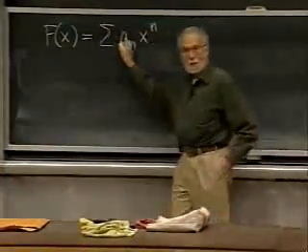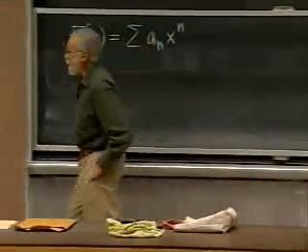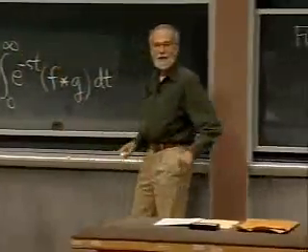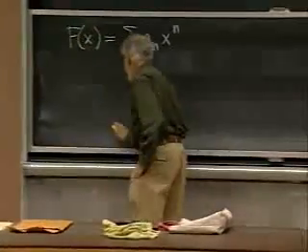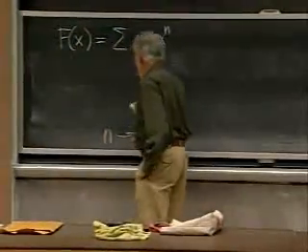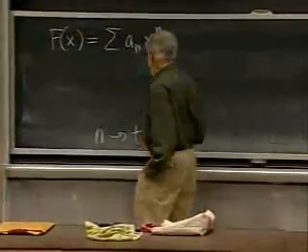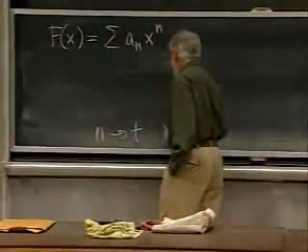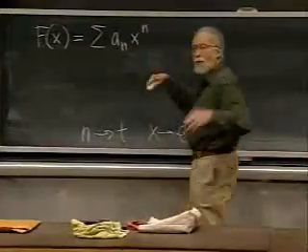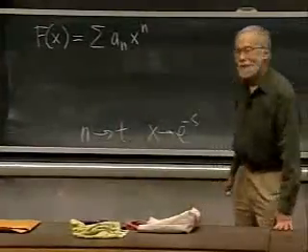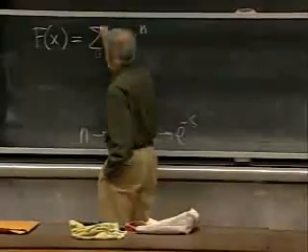Remember, you can write this in computer notation as a of n to make it look like f of t. And the analog is that n is turned into t when you turn a power series into the Laplace transform, and x gets turned into e to the negative s, and one formula just turns into the other.